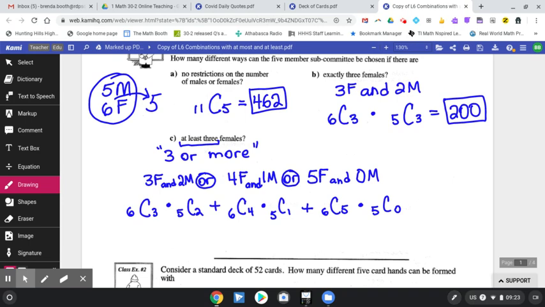And you can put this into your calculator in pieces, or if you're good with your calculator, you can put it in all in one shot. But do make sure that you pause and practice it. You should get 281 different subcommittees that have at least 3 females.